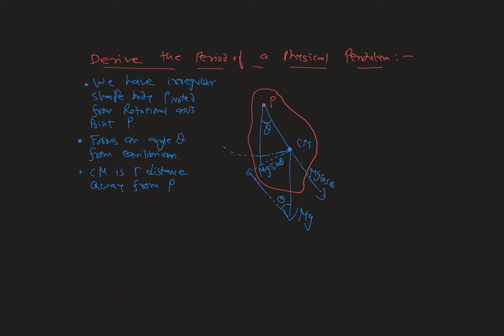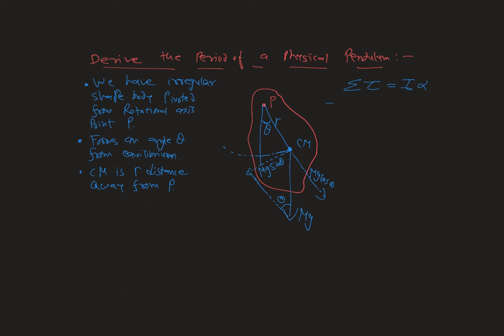Same as in simple harmonic motion, here there is also going to be a period T that we want to derive. Here the center of mass is r distance away from the rotational axis. If we derive using torque, because this is a physical pendulum going back and forth, I could say that the restoring force causes a restoring torque, which causes it to go back and forth. I can write that as the summation of all torque equals I alpha.